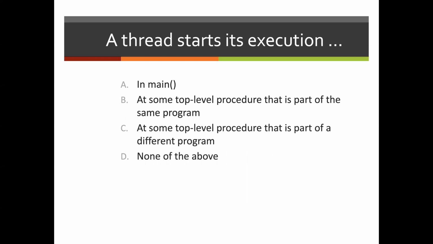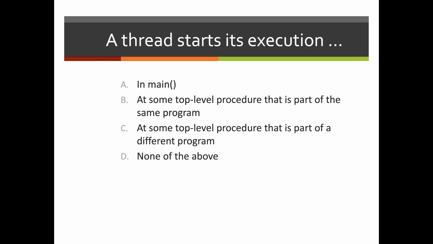And so when we think of when a thread is going to start its execution, do we consider it starts its execution in main, at some top level procedure that is part of the same program, at some top level procedure that is part of a different program, or none of the above?